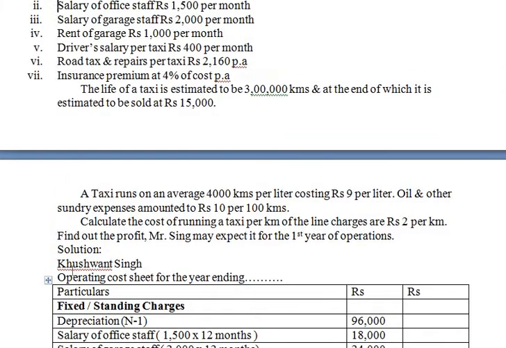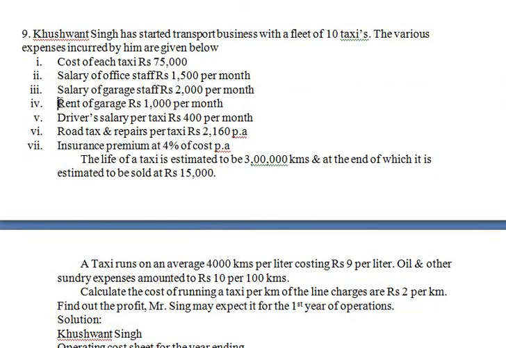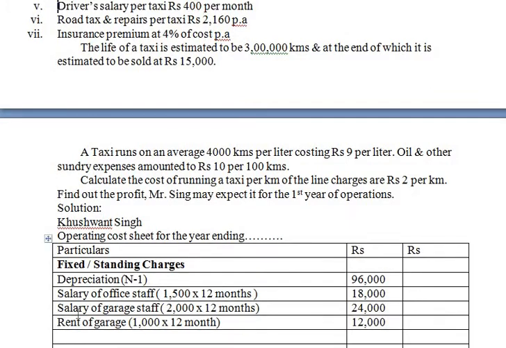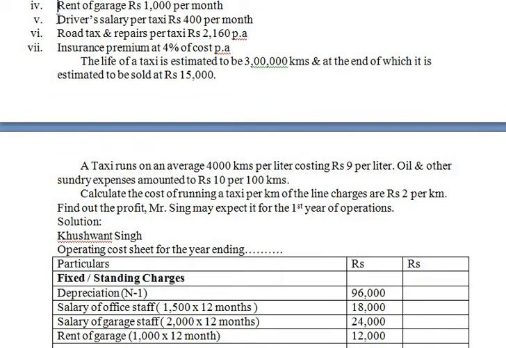Next is rent of garage, 1,000 per month. 1,000 per month into 12, that is 12,000. Next, driver's salary per taxi rupees 400 per month.